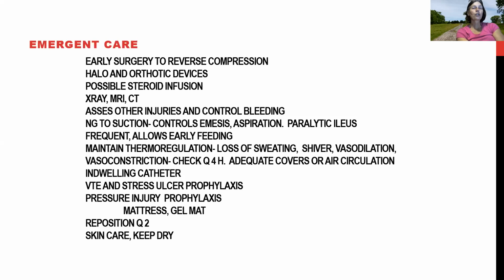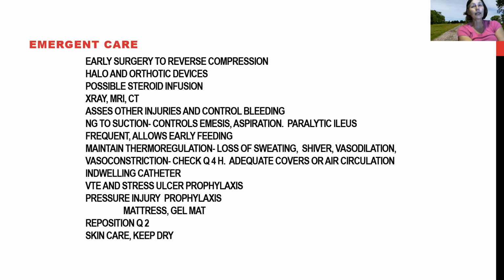So we need to check their temperature every 4 hours. Probably have them on a heating/cooling blanket so we can get them hotter or colder as they need to. They develop poikilothermia. They take on the temperature of the environment. We need to make sure they have covers if the environment's cool, that they have adequate air circulation because they can't sweat. So if they get hot, we need to be able to cool them down.